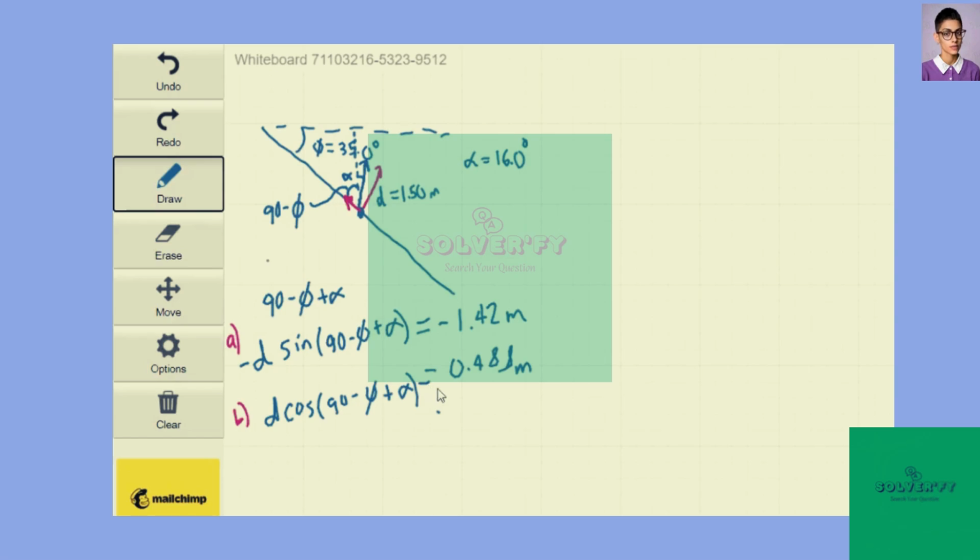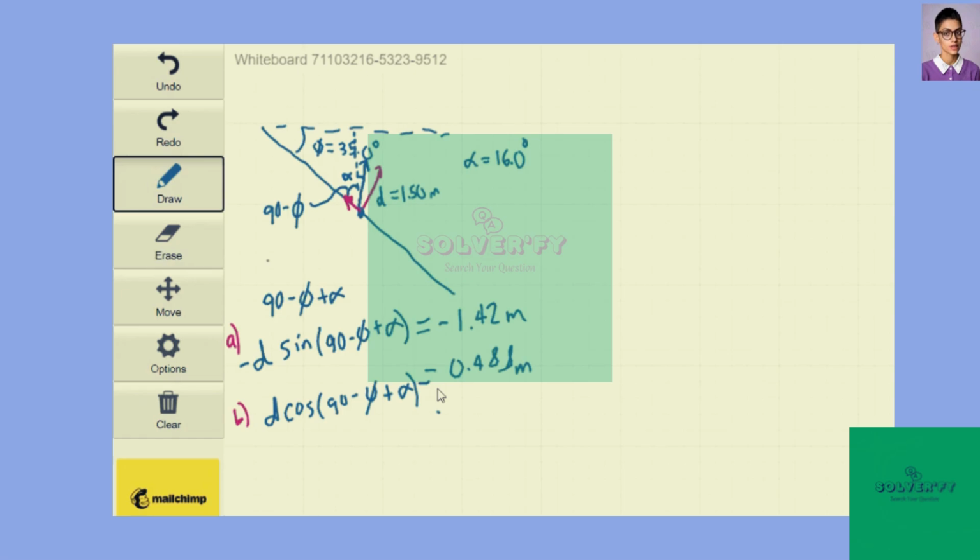Okay. 0.488 just doesn't seem right to me, because I think I drew it pretty accurately.